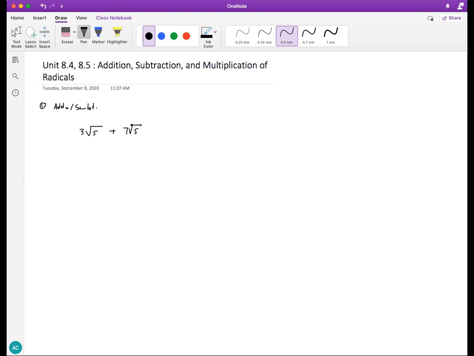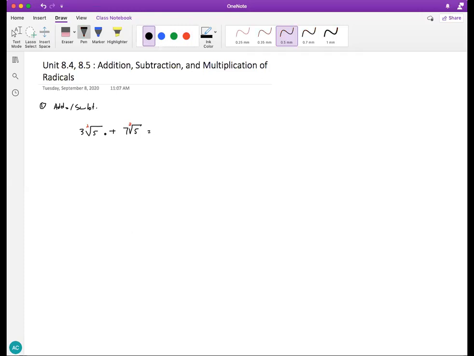The number that's here is the index. What is the index of the first radical, by the way? 3? No, that's not the radical. This is 3 times this radical. This radical doesn't show an index. 2, that's right. That means this is radical index 2. Also here, index 2.